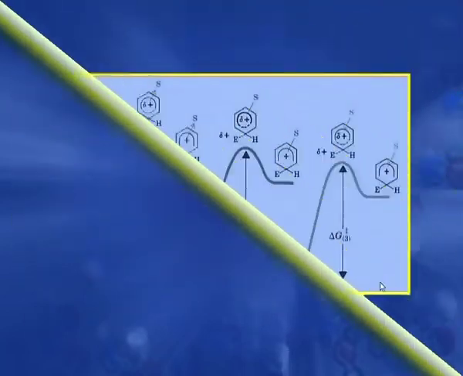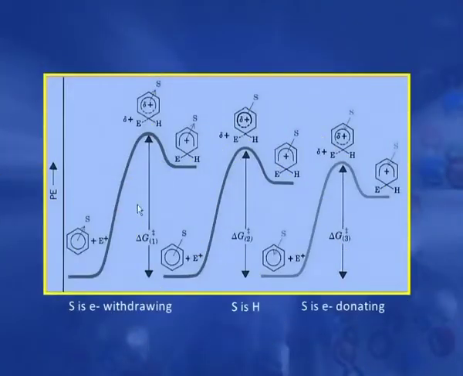So, now let us see the energy diagram. If we see, this is the case of benzene, simple benzene. If benzene undergoes electrophilic substitution reaction, it gives this intermediate, and this intermediate is produced via this transition state.